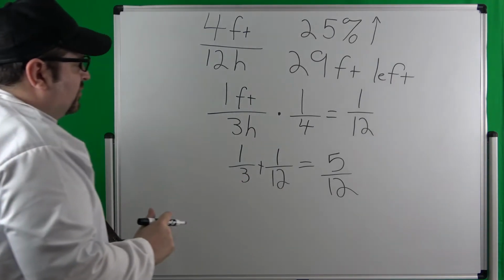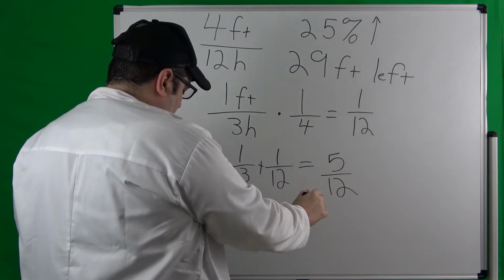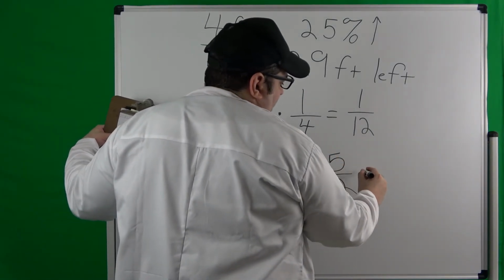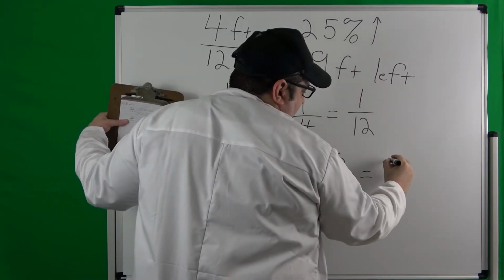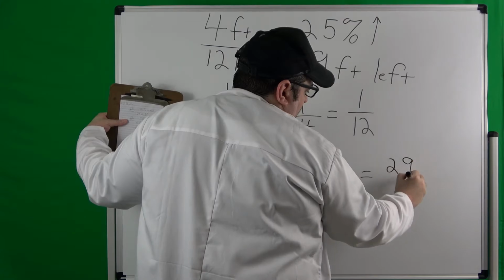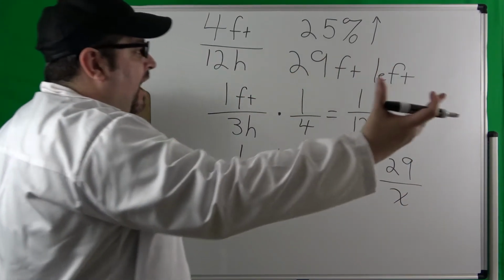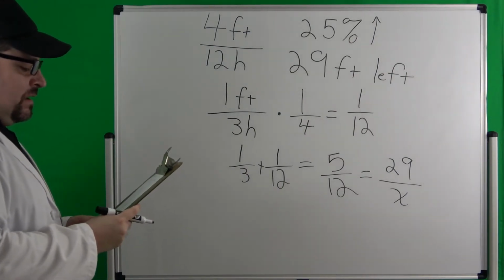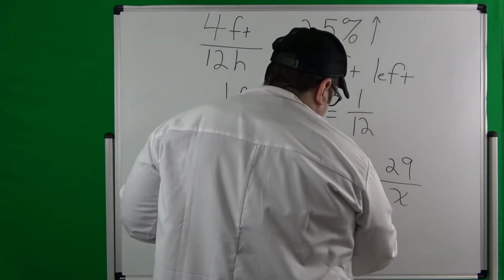So now we're going to make that into a proportion. We have 5 feet in 12 hours equals 29 feet in how many hours? And okay, so we're just going to cross multiply.